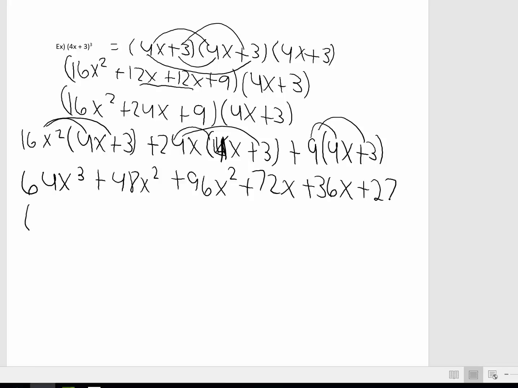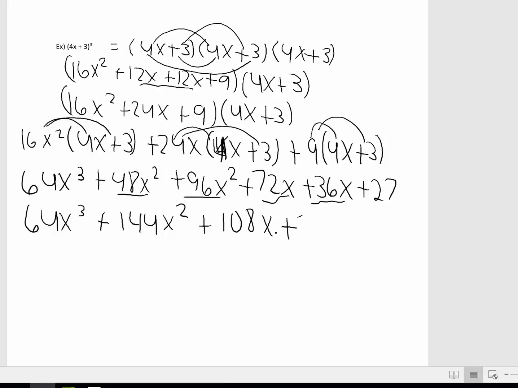And now combine like terms. And we're done here.